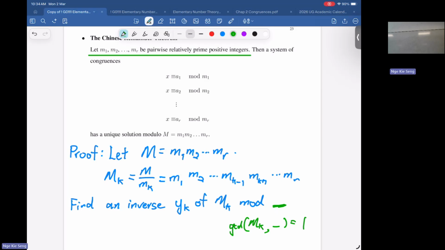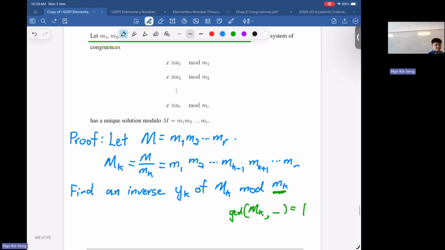So you can note that M1, M2, up to Mk minus 1, Mk, which is plus 1. This is the key here. Up to Mr here should be relatively prime to little m. So you can find an inverse.